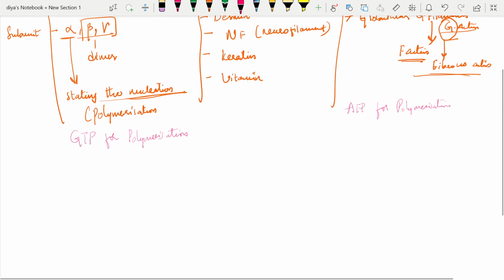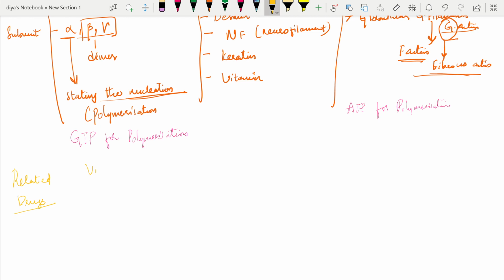Now we'll study some basic drugs associated with these microtubules. The drugs are vincristine, vinblastine, colchicine, and Taxol.